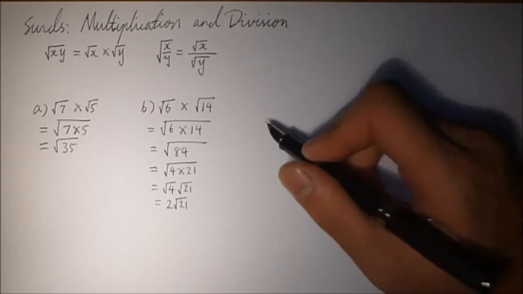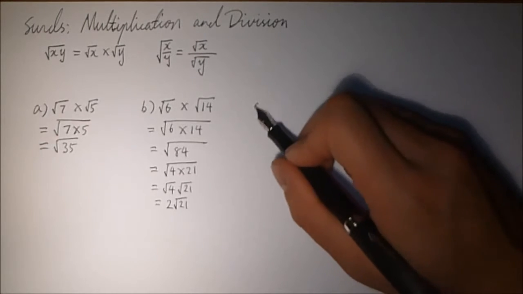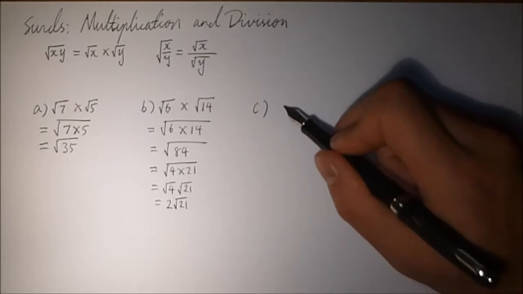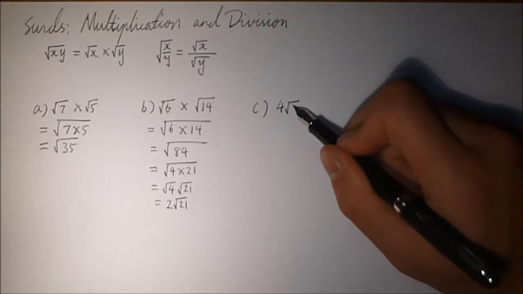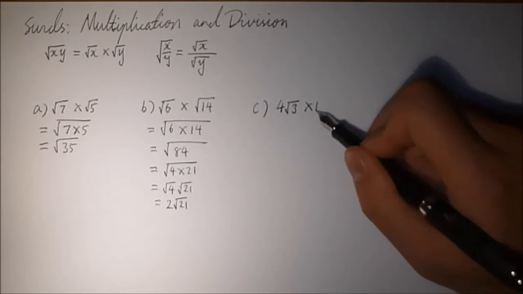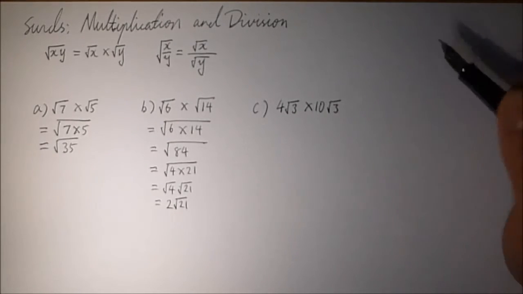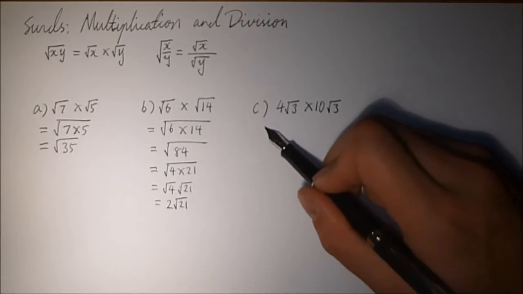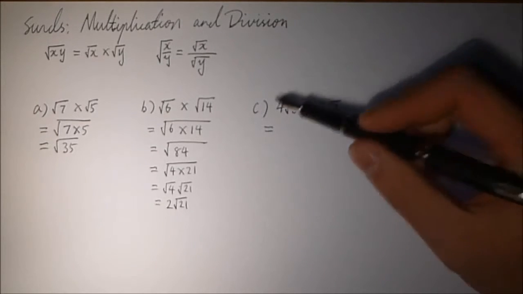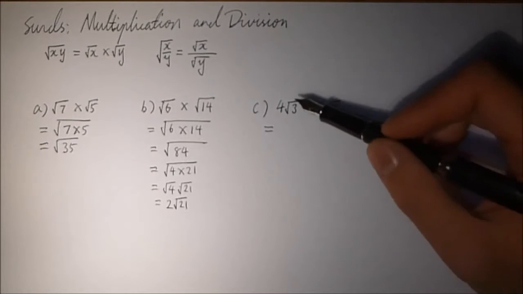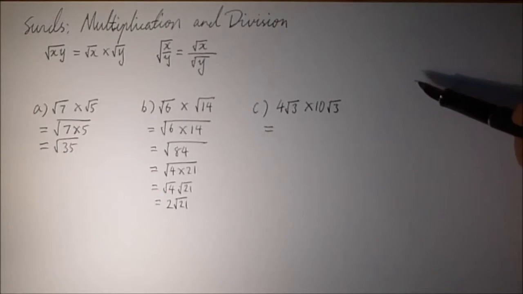Next one, 4 times square root of 3 times 10 times square root of 3. Okay, so we can multiply the whole number parts by themselves and the surd parts by themselves as well.